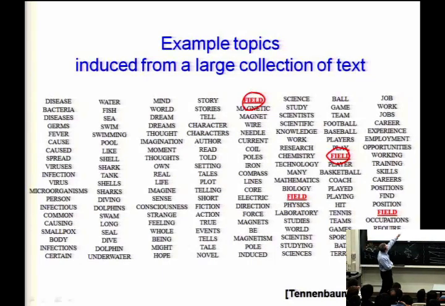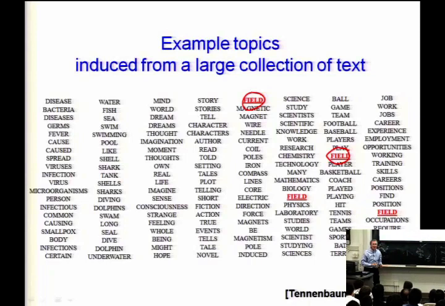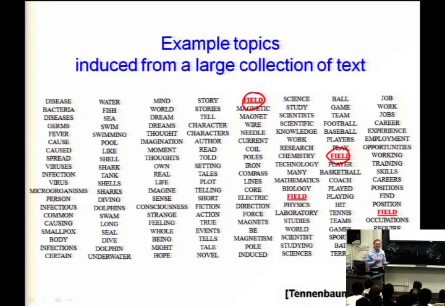What's kind of fun is that this gives us a way of approaching the question of resolving word sense ambiguity. This word field, for example, has one meaning if we're talking about baseball games, and a different meaning if we're talking about magnetism. But that token can get generated from either topic. So it's an interesting side effect of doing this.